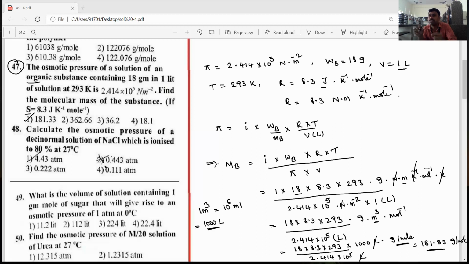If you forget to multiply with 1000, you will get the answer 0.18133, so it is wrong. The correct answer in gram per mole comes because meter cube is 1000 liters, and the liter will cancel. On simplification, the final value is 181.33 gram per mole. This is very, very important, dear students.